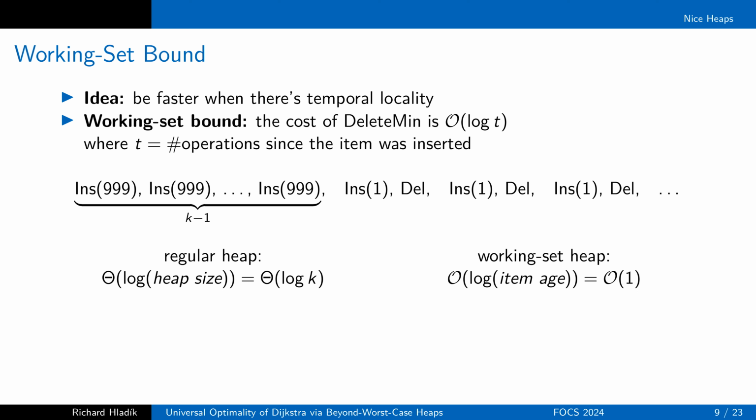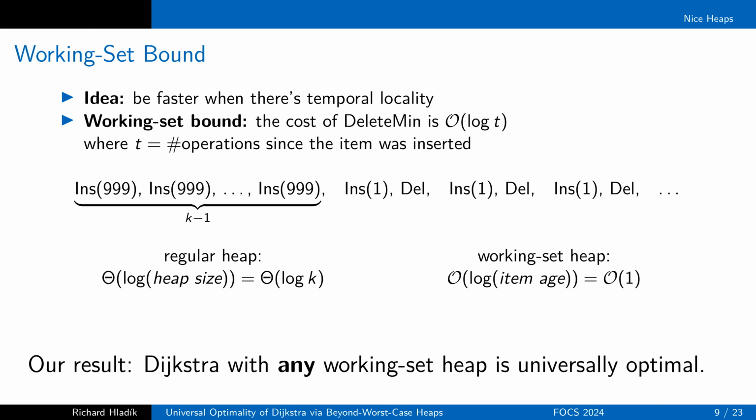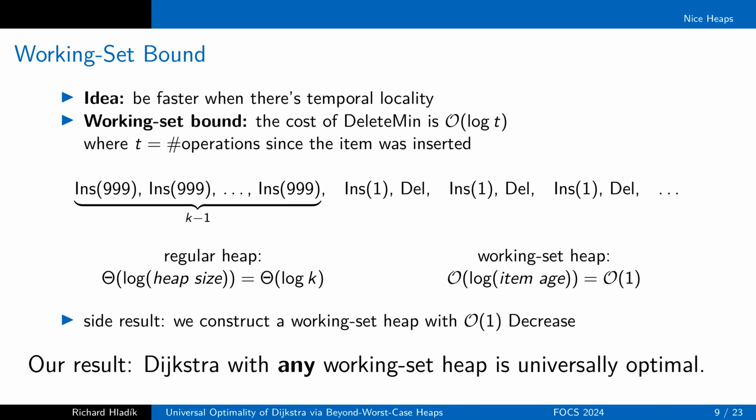What I find a bit surprising is that our result is that if we plug any working set heap into Dijkstra, then what we get is a universally optimal algorithm. This is not actually technically true, because what we also need is that the working set heap has insert and decrease in constant time.